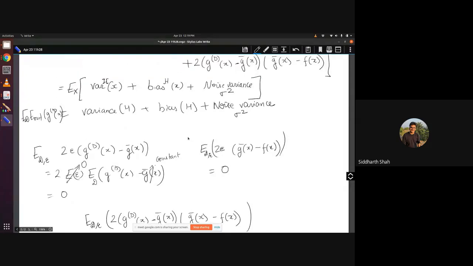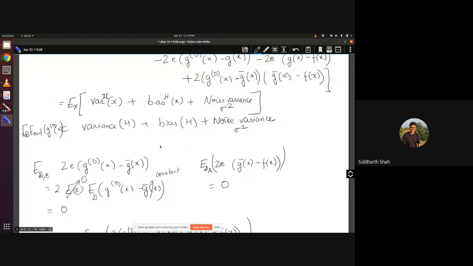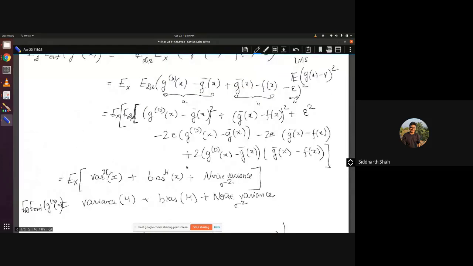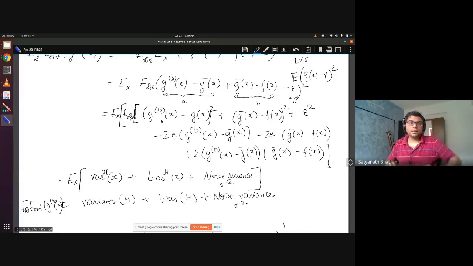Sir, just the very first term, the variance, which Rohit was also asking about. I still don't understand how that is not the variance of GD. It is the variance of GD, but GD is what? It is the average in my bag, right? The hypothesis bag will control what GDs I get.